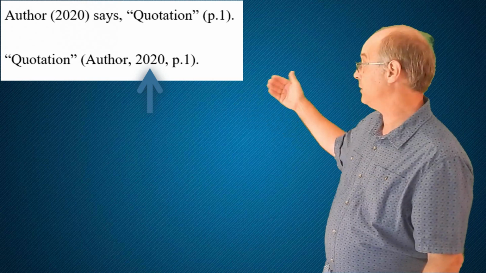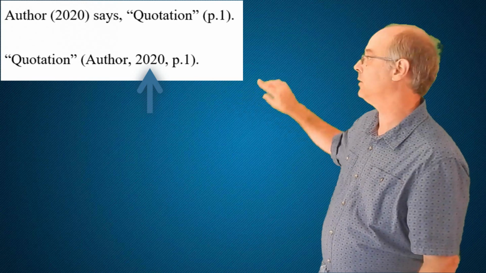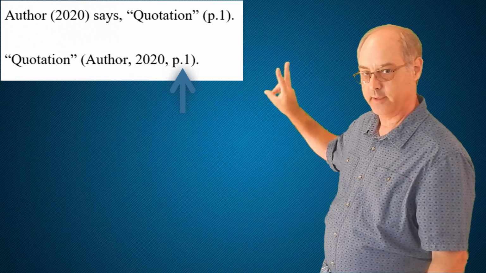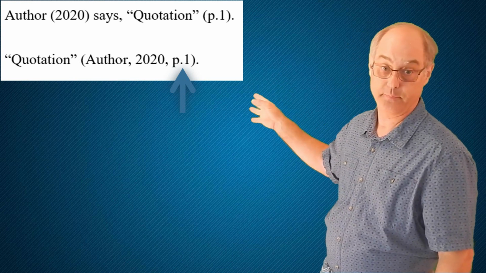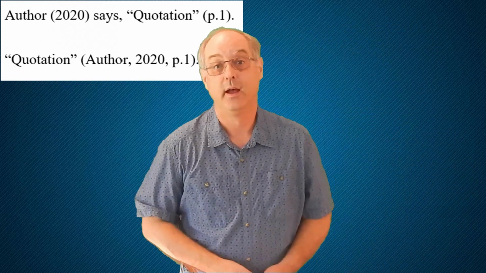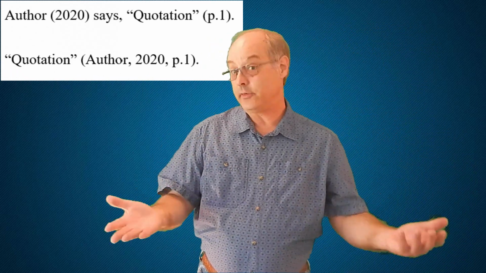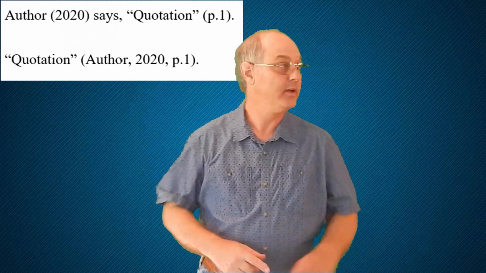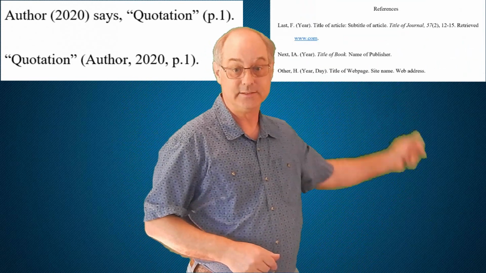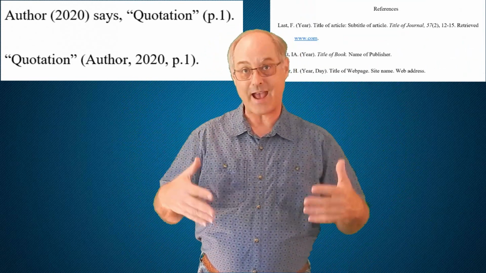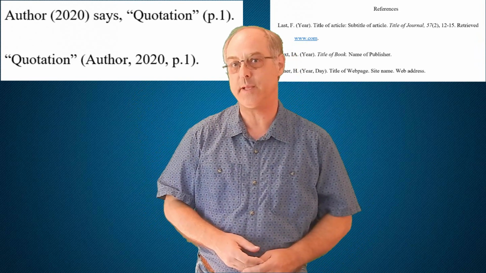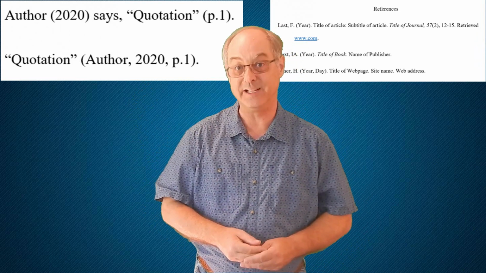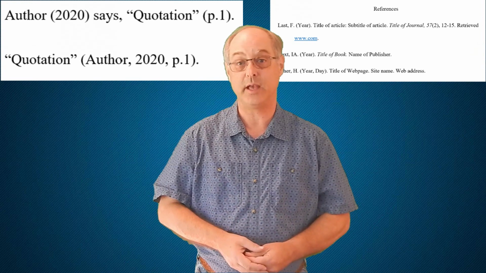If it's a quotation and it has page numbers, then comma, P period, the number, close parenthesis, period. So that's how this all works. This points to that, and that is how you cite and how a reader will retrieve information about the sources you researched using the APA method.